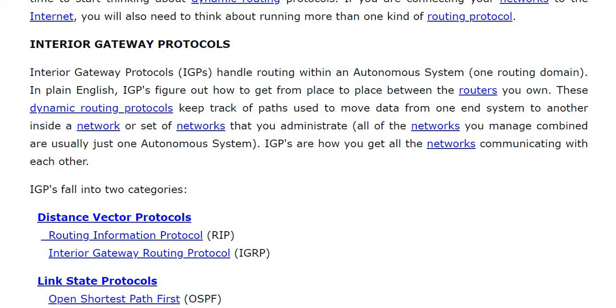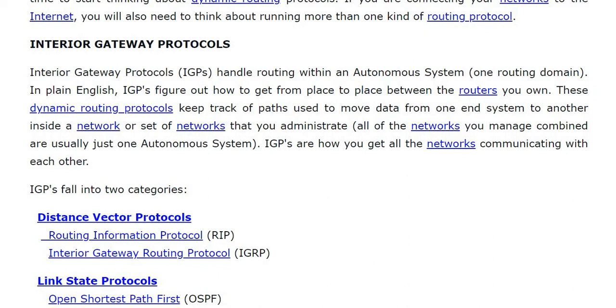Autonomous system in the IGP. So these are the things in this IGP: figure out how to get from place to place between the routers you own. So we have our own routers in our own network. This dynamic routing protocol keeps track of paths used to move data from one end system to another inside a network or a set of networks that you administrate.